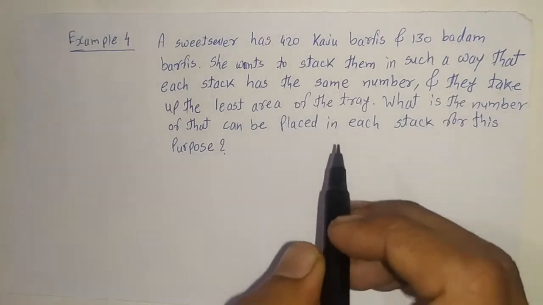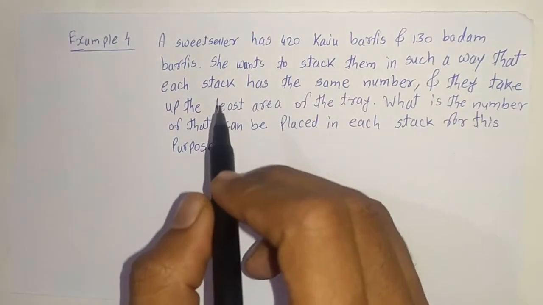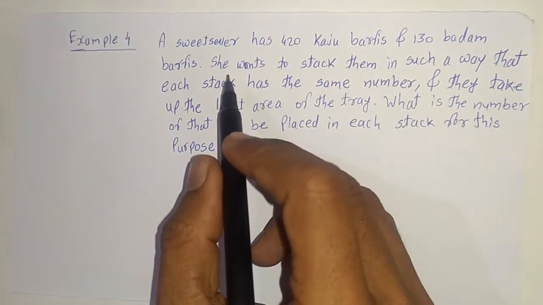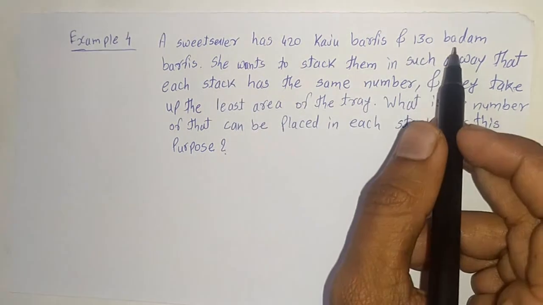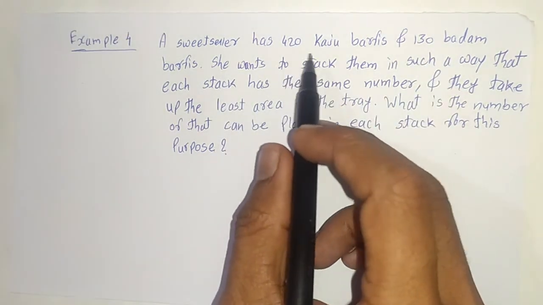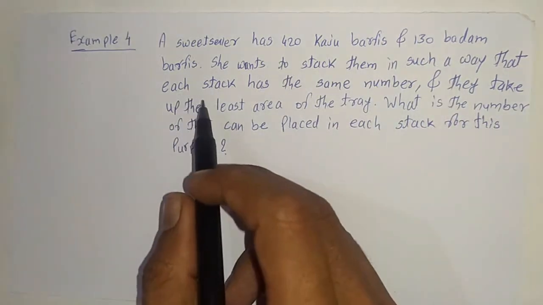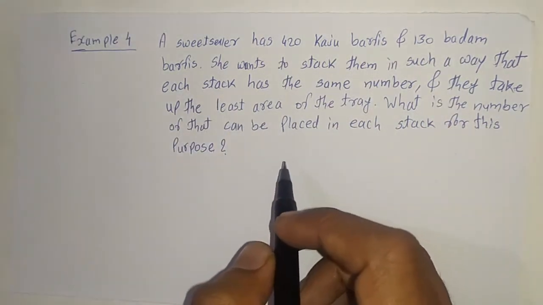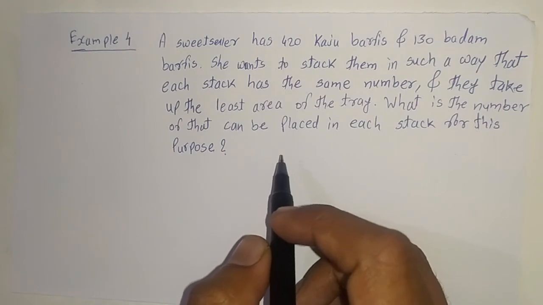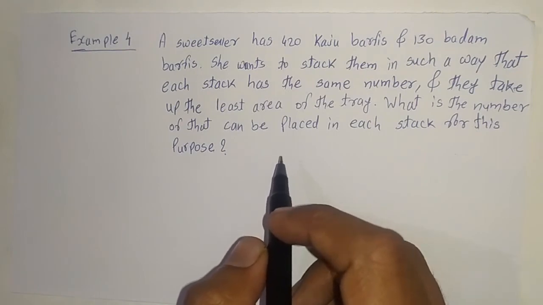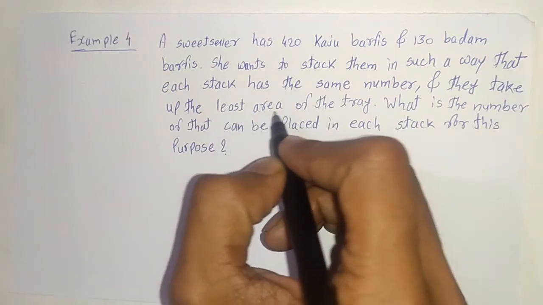So what is asked here is, one sweet seller sells kaju burfis and badam burfis. So she has 420 kaju burfis and 130 badam burfis. She wants to stack them in a tray in such a way that it occupies the least area of the tray.